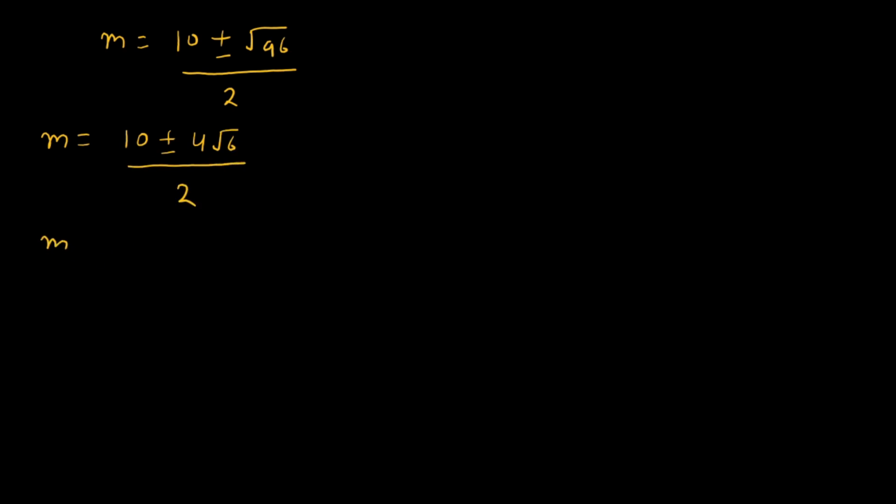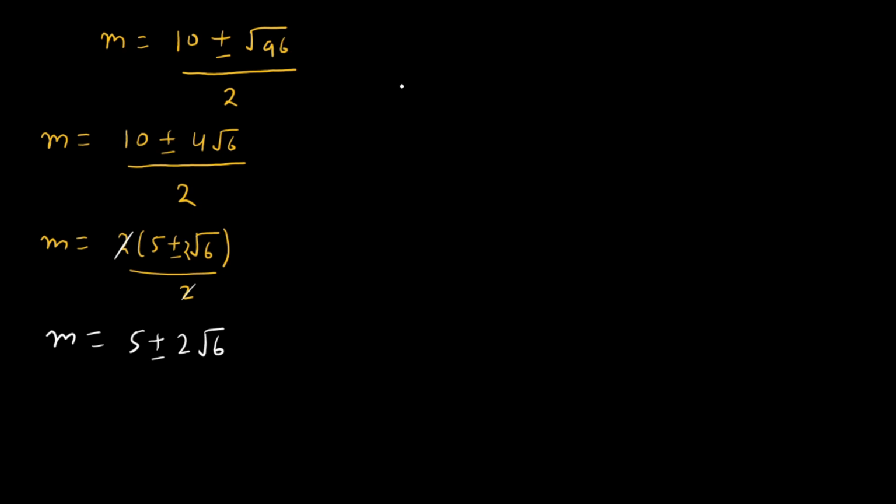Then m = (10 ± 4√6) / 2. In the numerator if we take 2 common, then here 2(5 ± 2√6) divided by 2. Then this 2 and this 2 cancel out. Then the value of m is 5 ± 2√6.